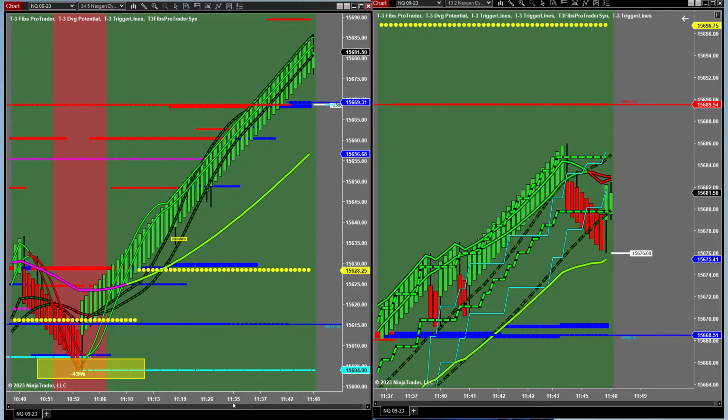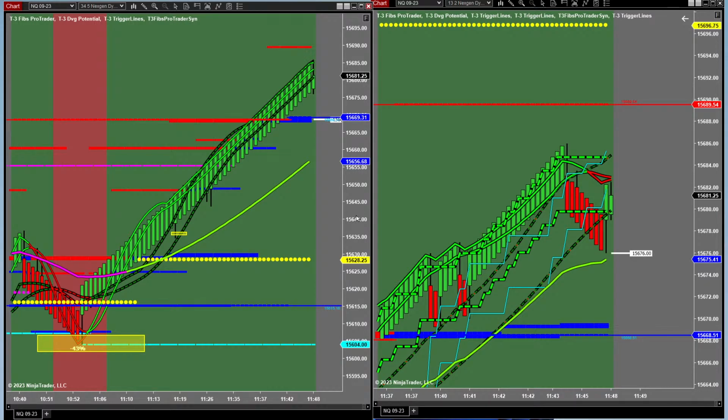If you read your trigger lines and your areas wrong, you're going to end up doing a lot of trades that you shouldn't be doing. If you read them correctly, you're going to end up doing a lot of really great trades.